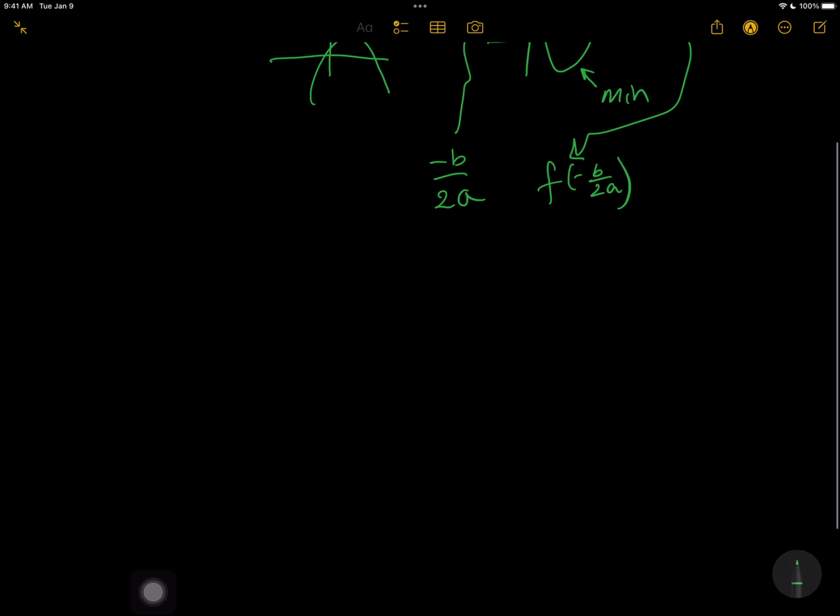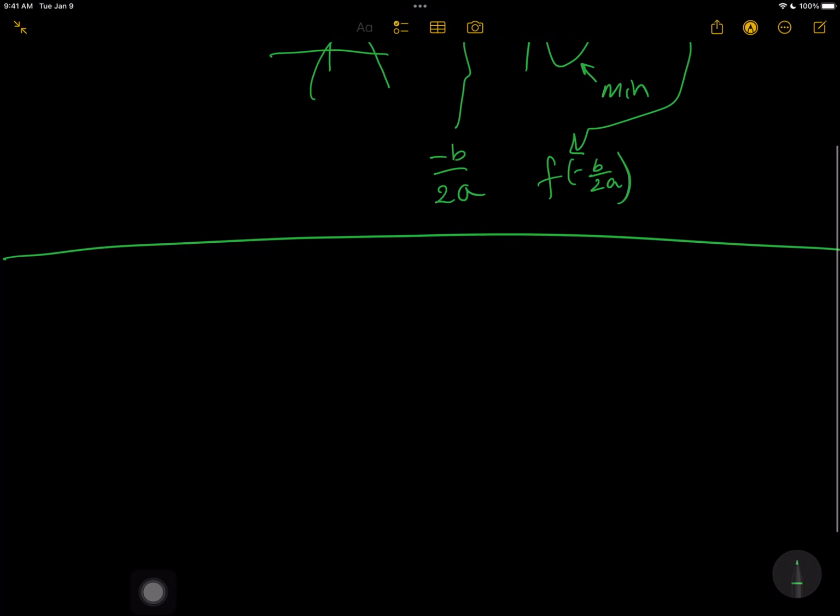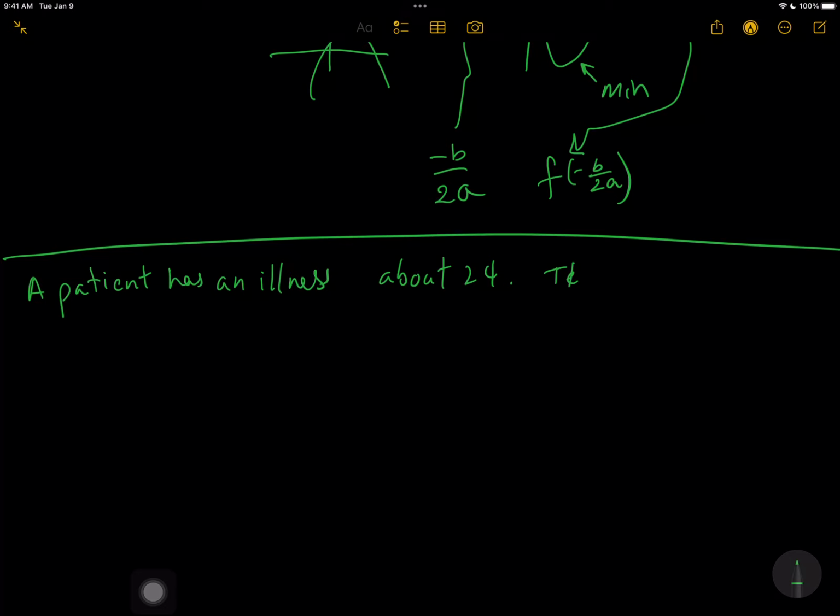Okay, so a patient has an illness that typically lasts about 24 hours.